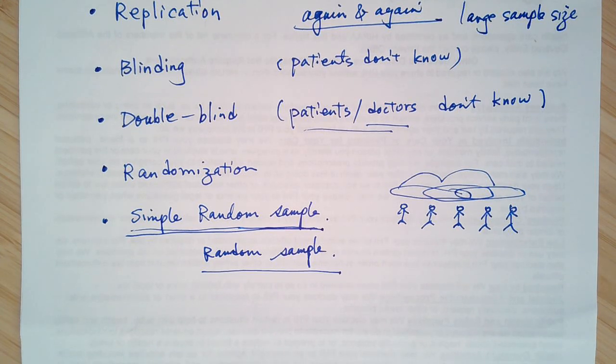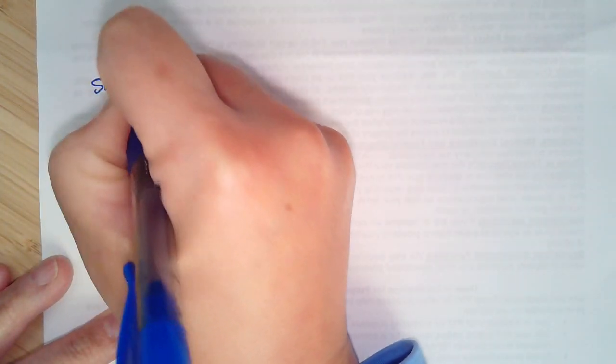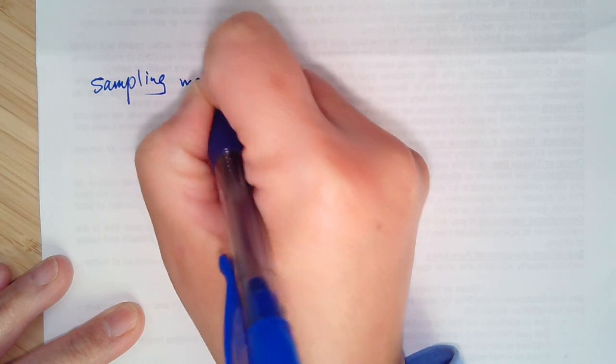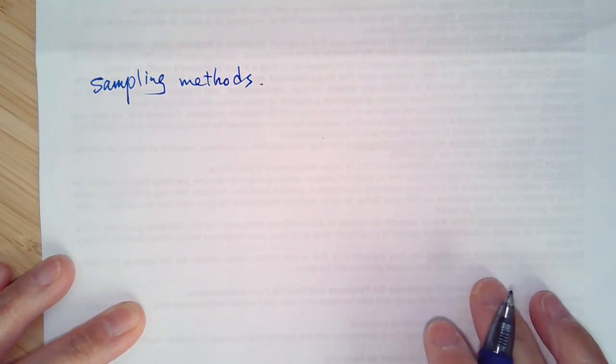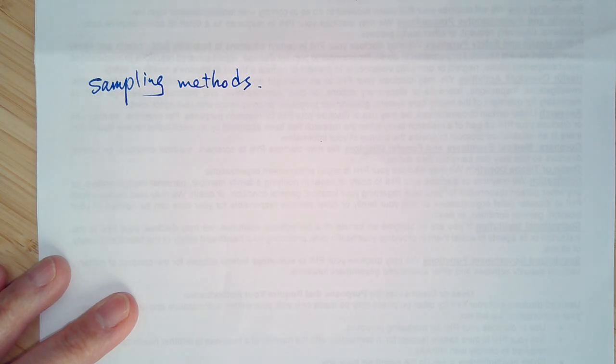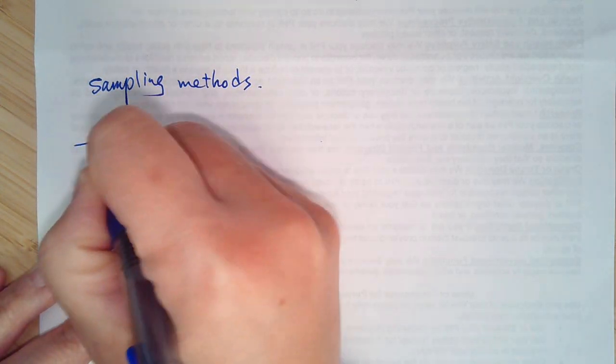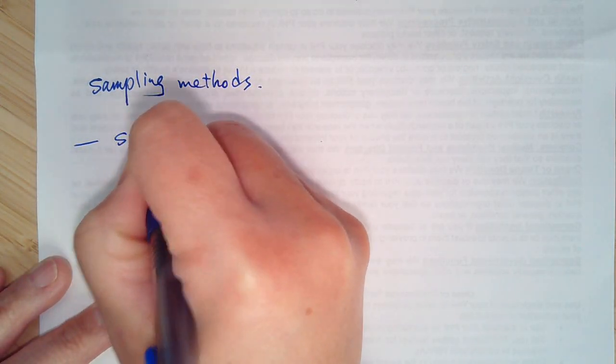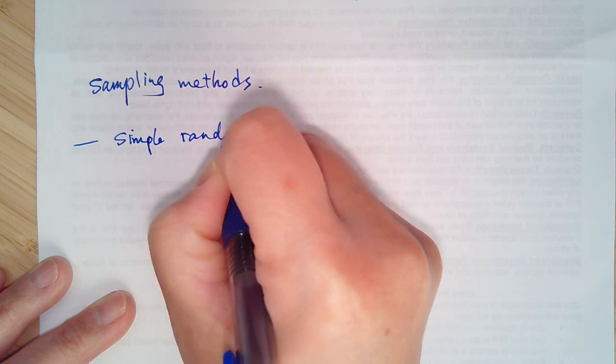All right, now next we talk about some sampling methods. We'll do this: simple random sample, that's the first one, or random sample.